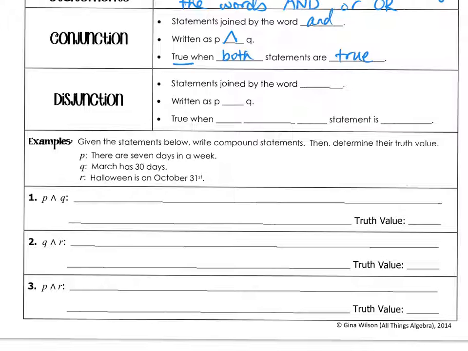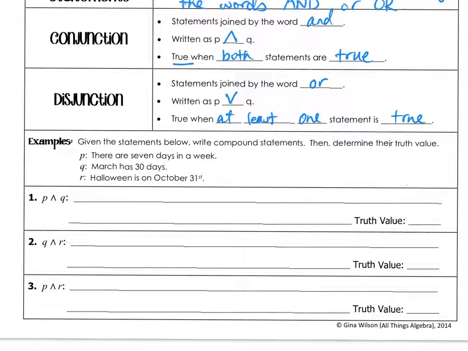And when we use the word or to join the statements together, it's called disjunction, and we use a little V like that. And so that's true when at least one statement is true.